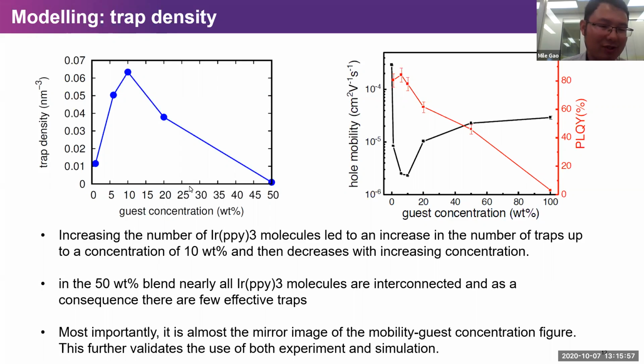As a consequence, there are few effective traps. And most importantly, this figure is almost the mirror image of the mobility versus guest concentration figure, the black line in this figure. So this makes sense, because where the traps reach the maximum, the mobility reaches the minimum. This further validates the use of both experiments and simulation.